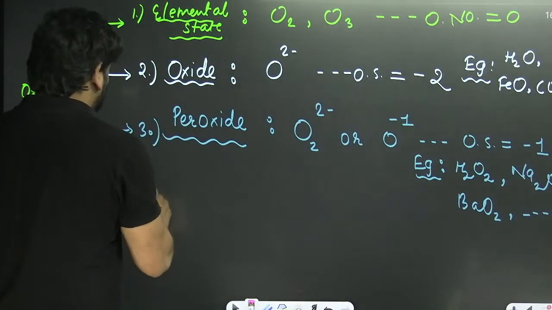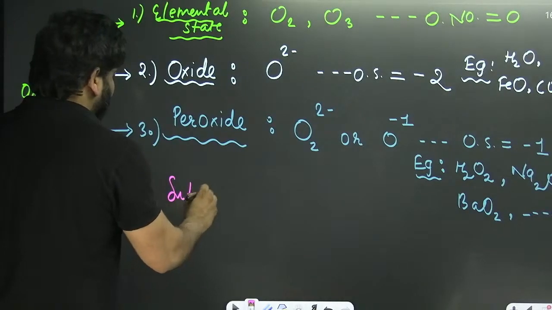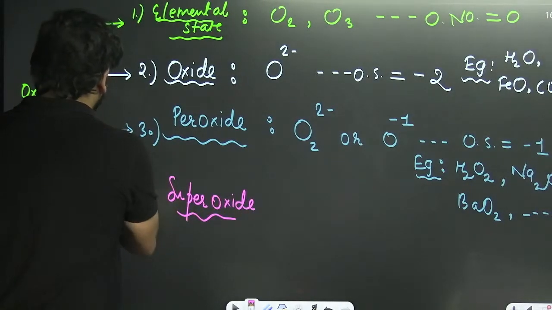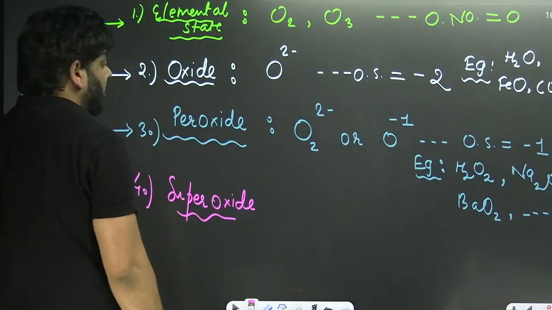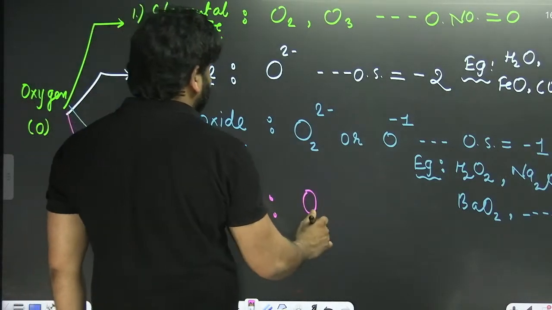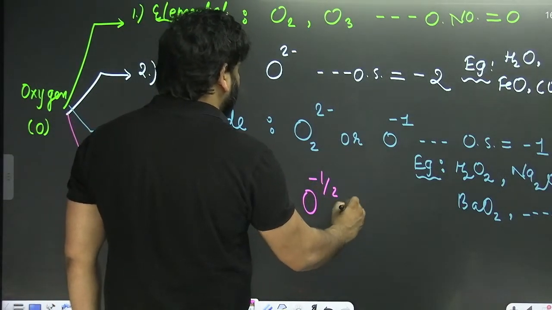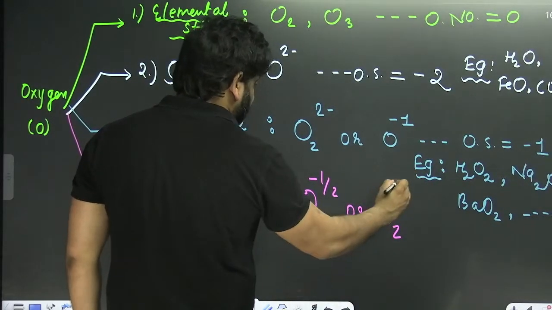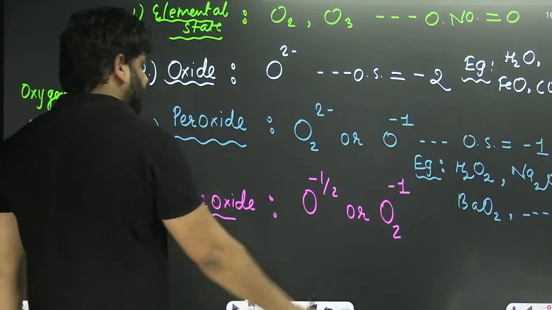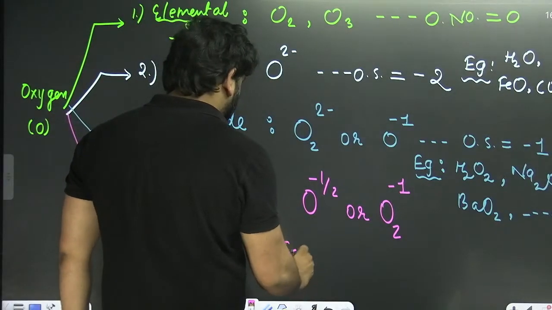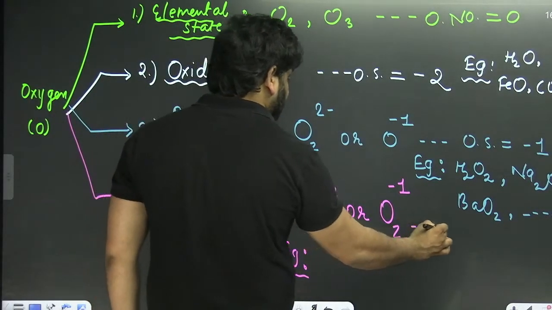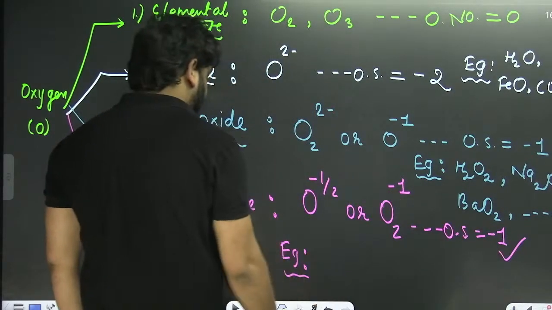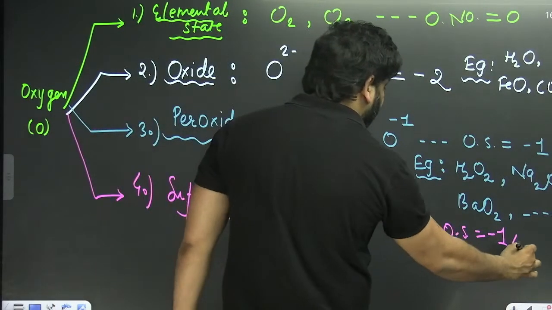Fourth is called superoxide. So what is the superoxide? The superoxide is oxygen with a negative half charge, or a molecule of O2 acquiring a -1 charge. Its examples are pretty limited. This will have an oxidation state of what? Negative of 1. No, negative of half.